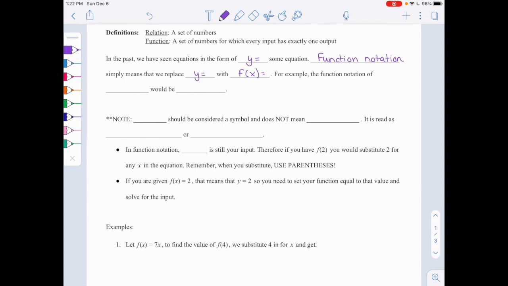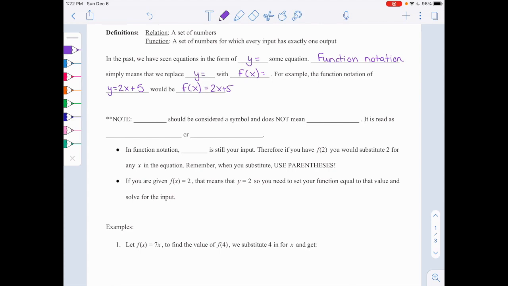For example, the function notation of y equals 2x plus 5 would just be f of x equals 2x plus 5.